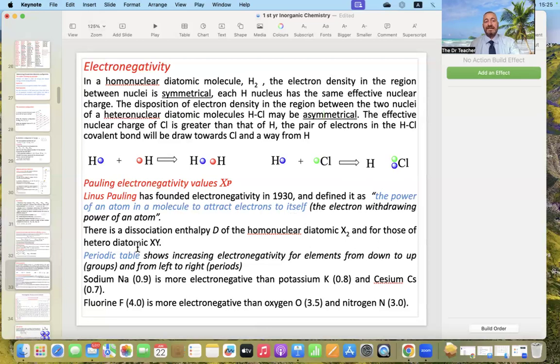There is the dissociation enthalpy D of the homonuclear diatomic X2 and of the heterodiatomic XY. The periodic table shows increasing electronegativity for elements from down to up in groups and from left to right in periods.